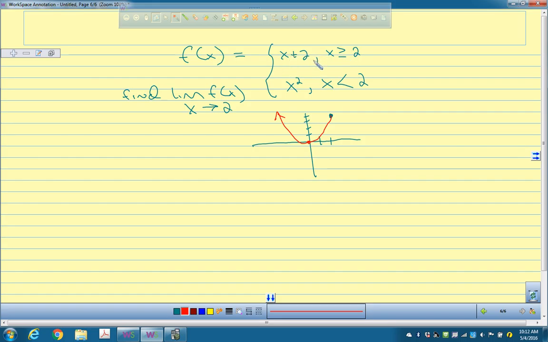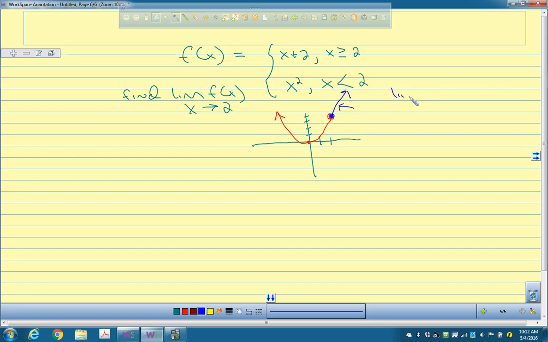Well, what does y equals x plus 2 look like? A straight line. What is the value of this function at x equals 2? 4. So this other function starts here at the same point, right? And at this point it turns into that straight line. So this says up until I get to 2 I have this parabola, and after that it turns into a straight line.